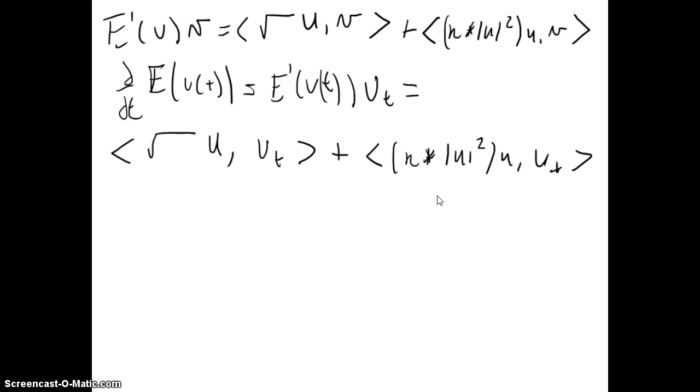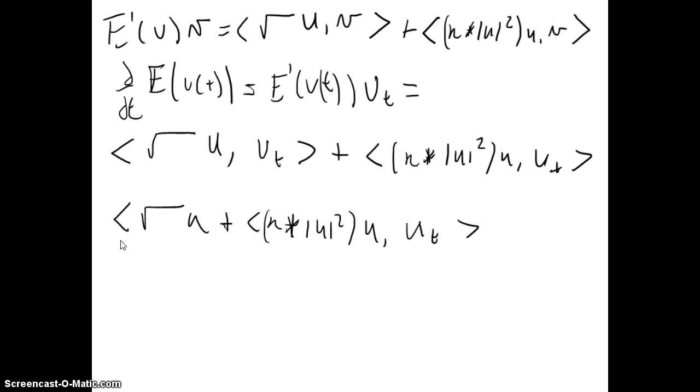Okay, and we can make all this one u, plus convolution K u squared u, all u_t. You recognize that this is what we had in the equation. So we can call this E prime of u u_t. So we finally got that the derivative of E of u(t) is this scalar product E prime u u_t.